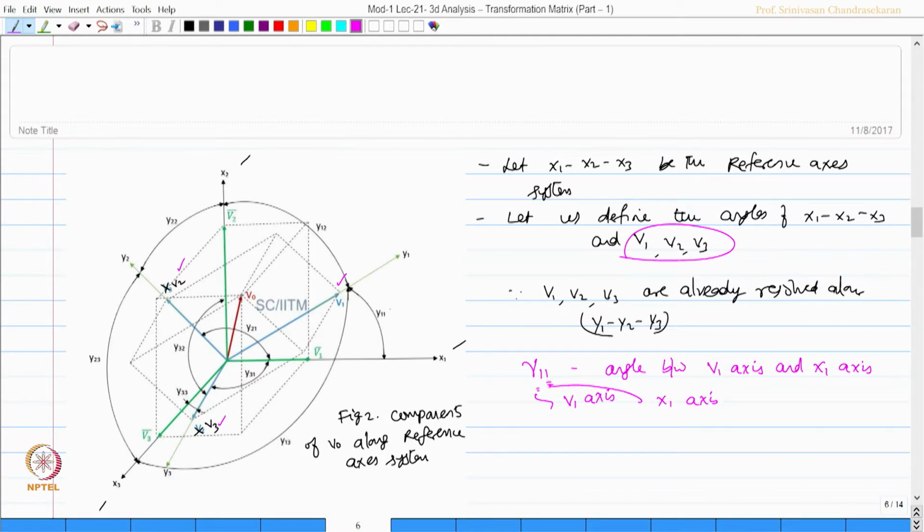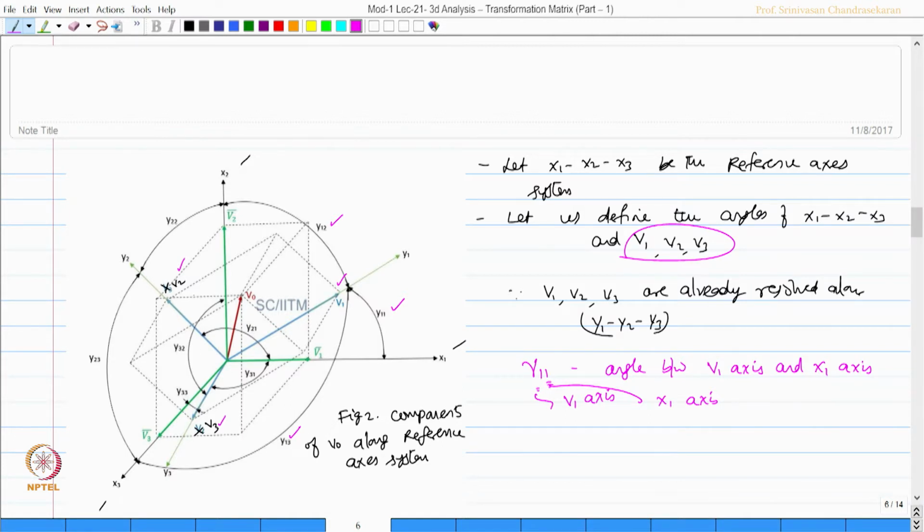So, one can see here gamma 1 1. Similarly, the angle between v 1 and x 2 should be gamma 1 2. Similarly, the angle between v 1 and x 3, that is this angle, will be gamma 1 3.